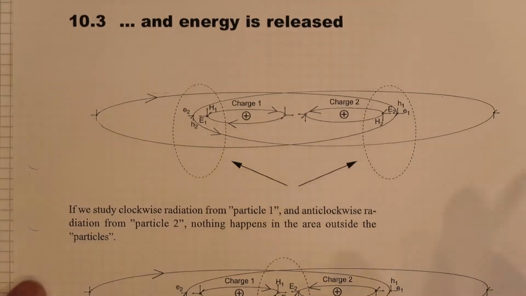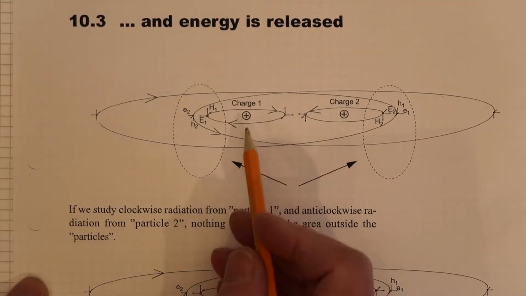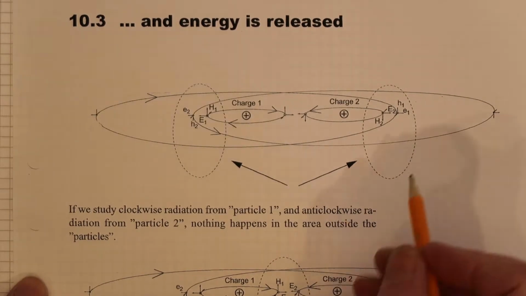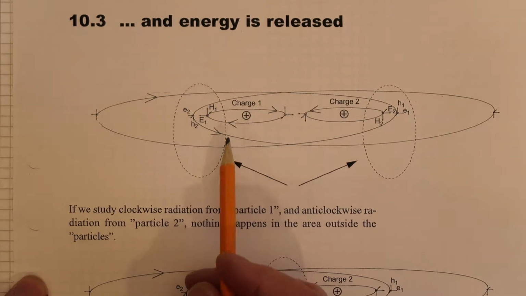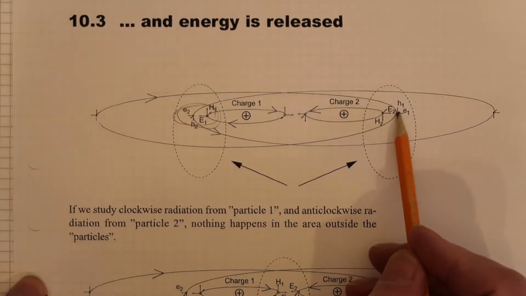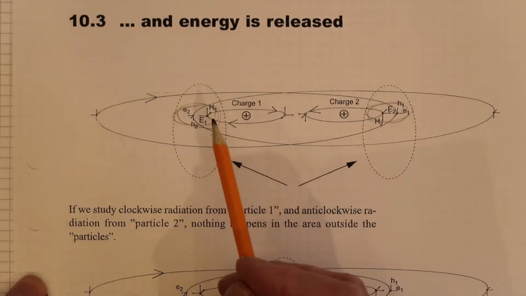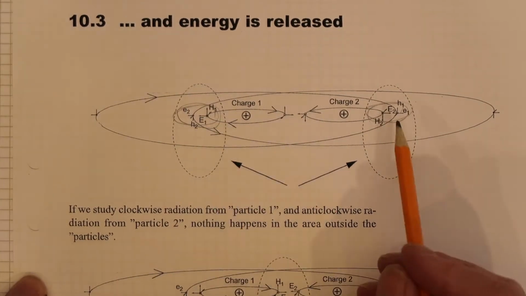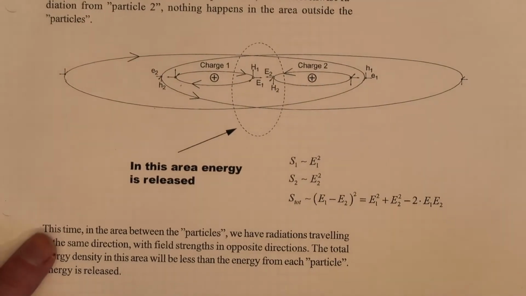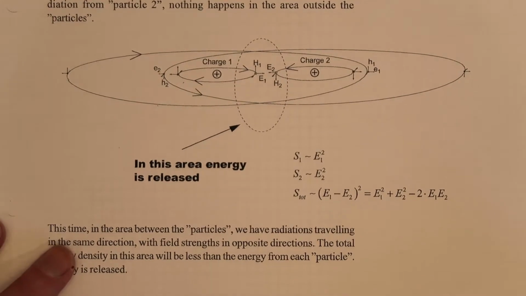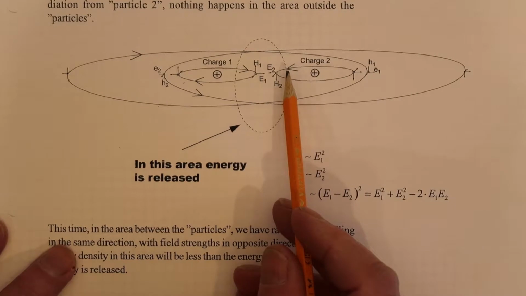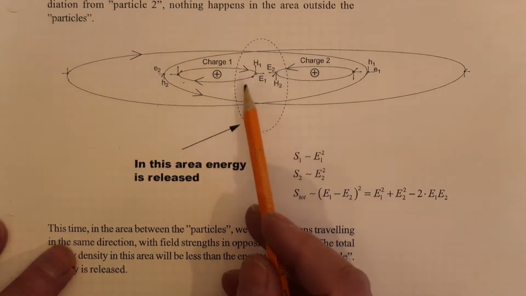When we study the clockwise radiation from particle 1 and the anti-clockwise radiation from particle 2, we see that nothing happens outside the charges. The radiations are in different directions. But between the charges, there the radiations are in the same direction.